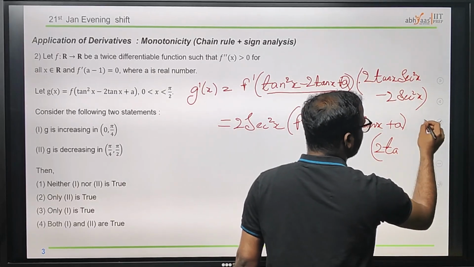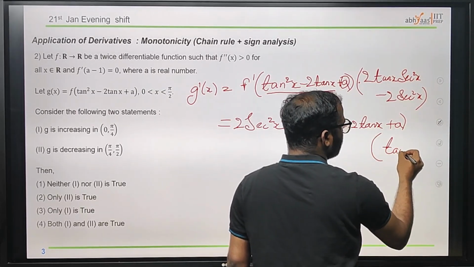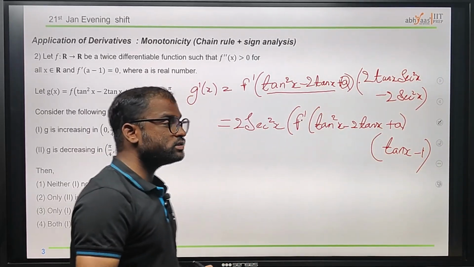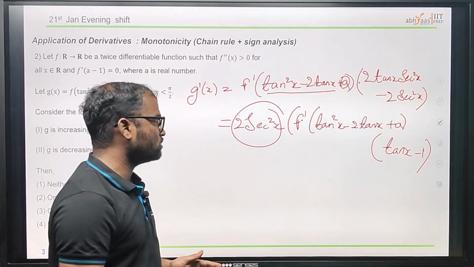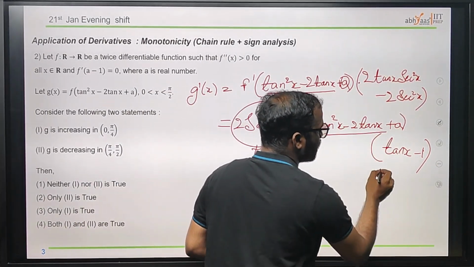Since we took 2 as common, there is no 2 here. If we observe, 2 secant square is always positive, so this one is positive. We need to check whether the other factors are positive or not.